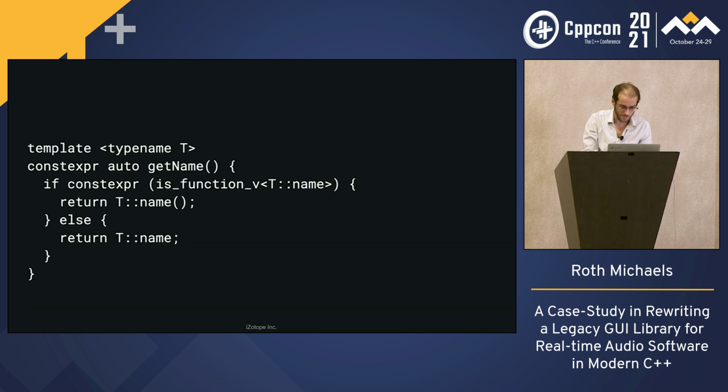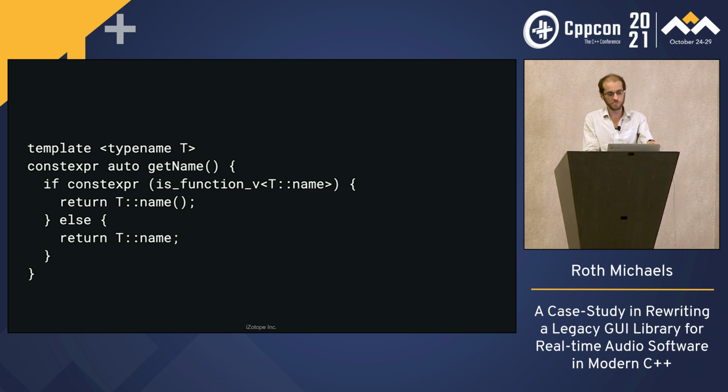And here's what that looks like in modern C++. It's a constexpr function that returns auto, because it's whatever it needs, templated on this property type. And we do if constexpr is_function T::name. We're saying, hey, is it a function? If so, call it and return that. If not, just return T::name.